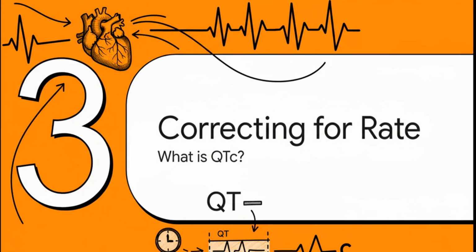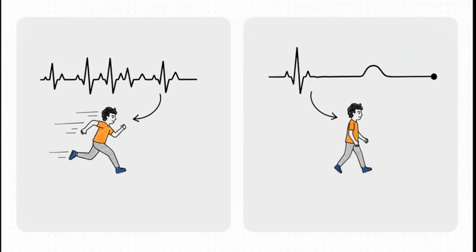Now there is one little wrinkle to all of this. The heart rate can actually affect this measurement, so we need to account for that. And that's where something called the corrected QT comes into play. Think of it this way. If you're sprinting, you take a bunch of quick, short steps, right? But if you're just strolling, your steps are longer and more drawn out. Well, the heart is exactly the same.